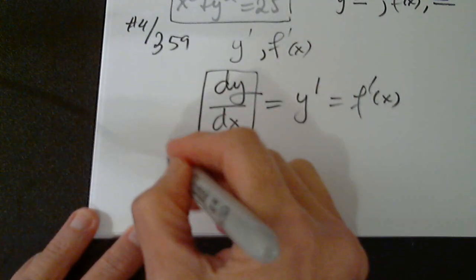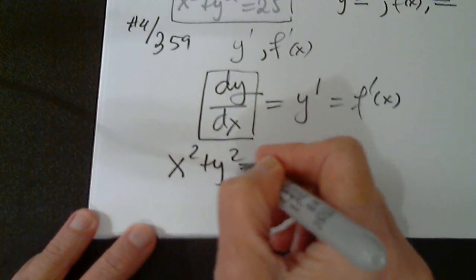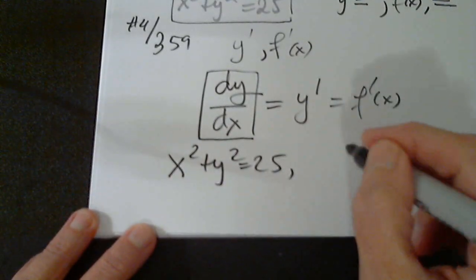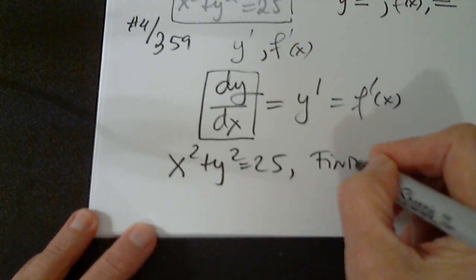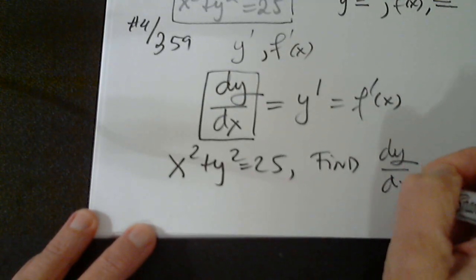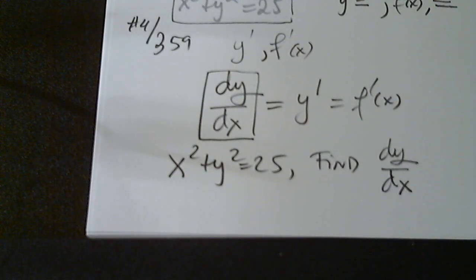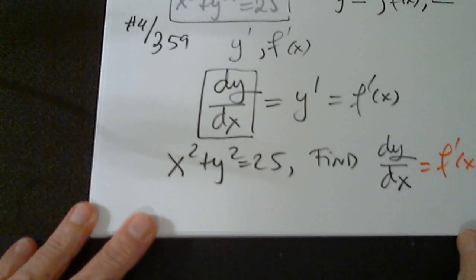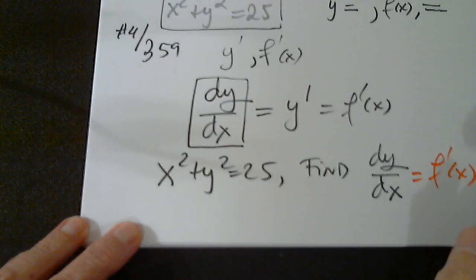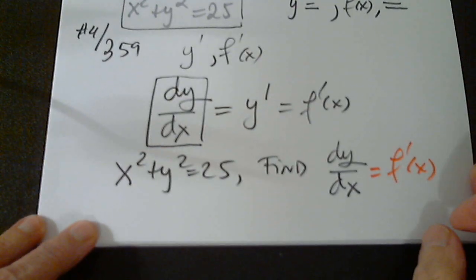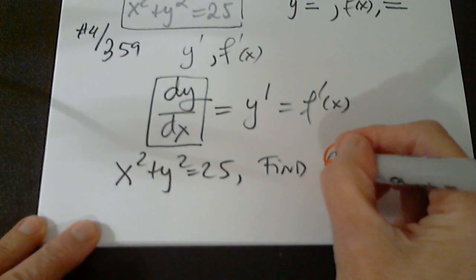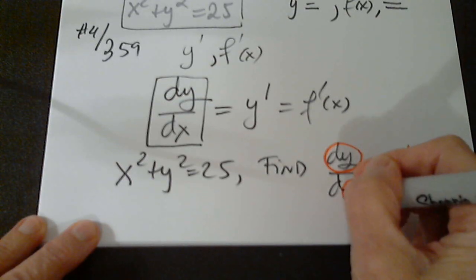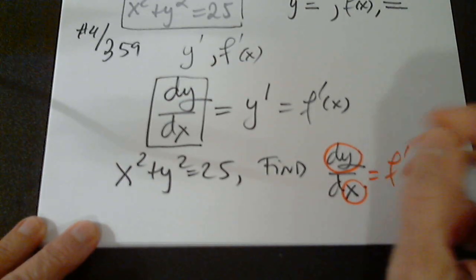So again, the equation that is given to us is this. I'm asked to find dy over dx. What does this mean, first of all? When I look at dy over dx, first of all, I understand that I'm asked to find f prime of x. And I also understand, very important, that y is a function of x.